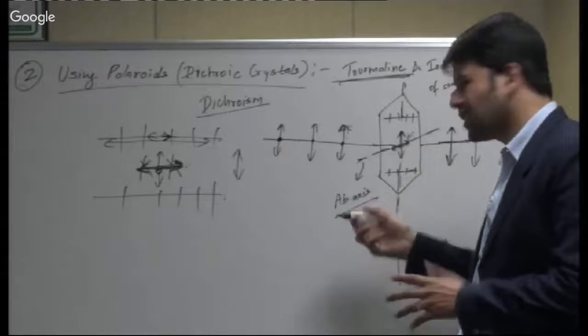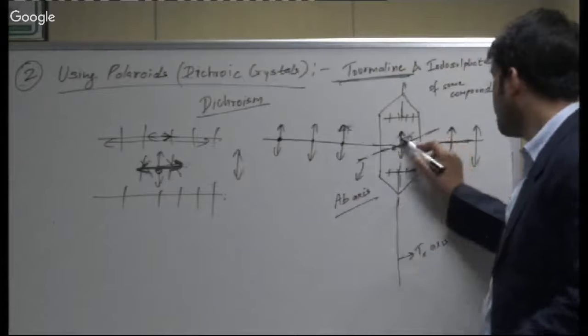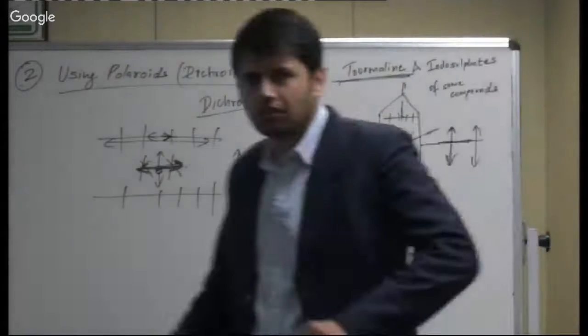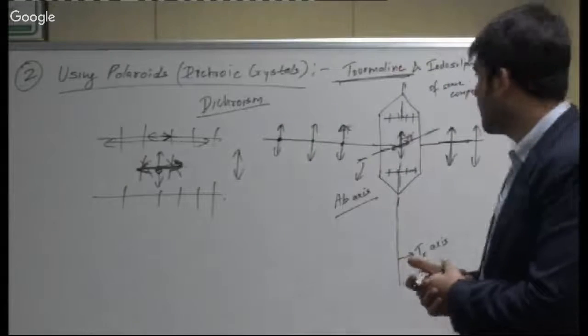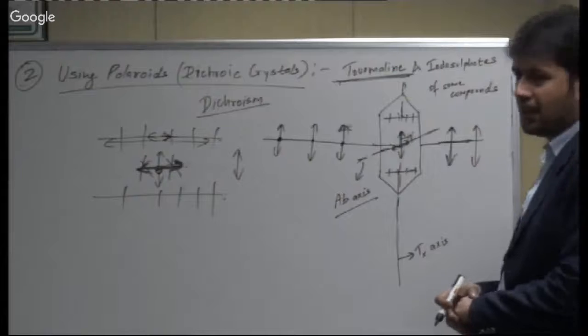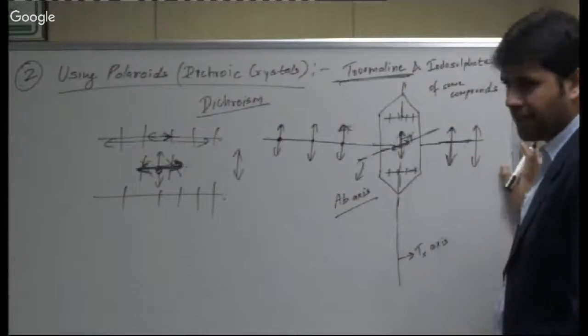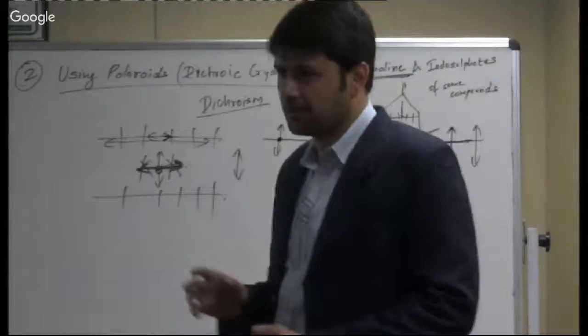It's not mentioned generally, and actually we need not do that because they would be perpendicular. If we know the transmission axis, we already know the absorption axis as well. So if any oscillation is parallel to the transmission axis, it is transmitted. If it is perpendicular to the transmission axis, it is completely absorbed.